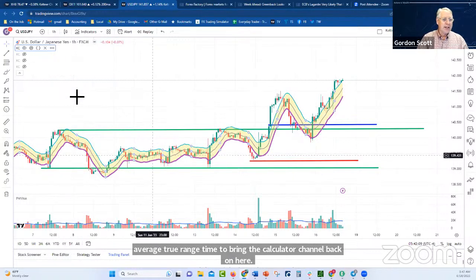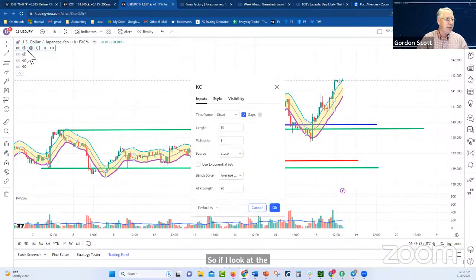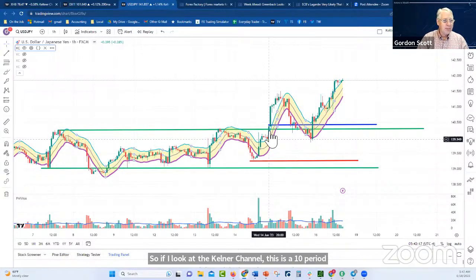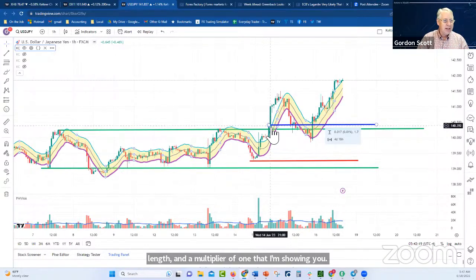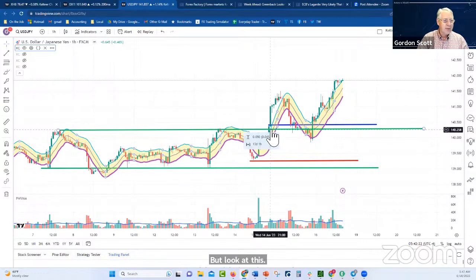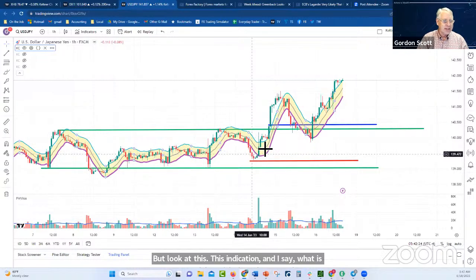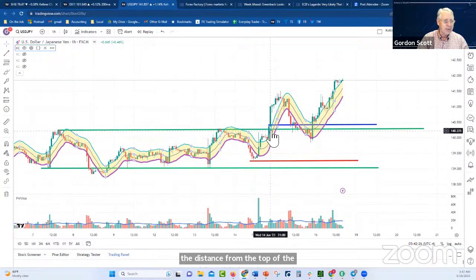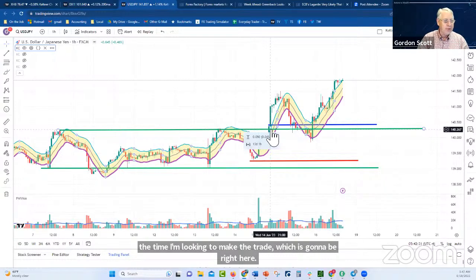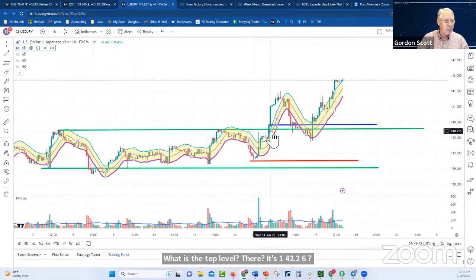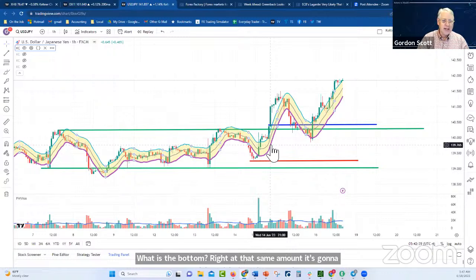So if I look at the Keltner channel, this is a 10-period length and a multiplier of 1 that I'm showing you. If I look at this indicator and I say, what is the distance from the top of the Keltner at the time I'm looking to make the trade, which is going to be right here? What is the top level there? It's 142.267. And what is the bottom at that same amount? It's going to be right there, 139.769.